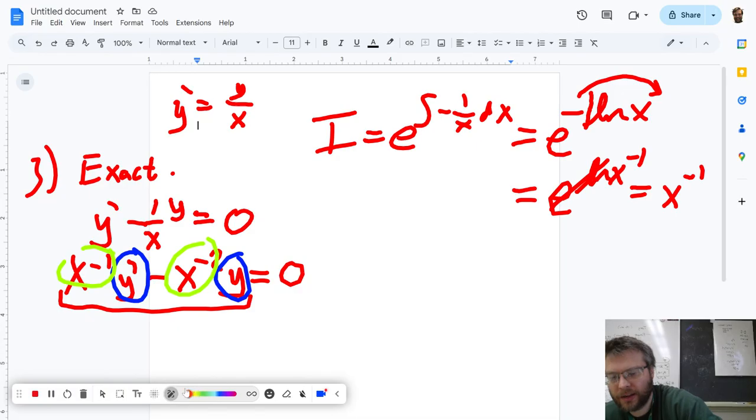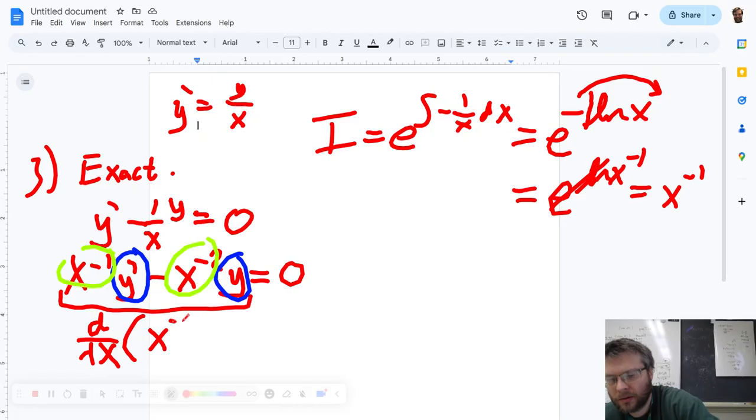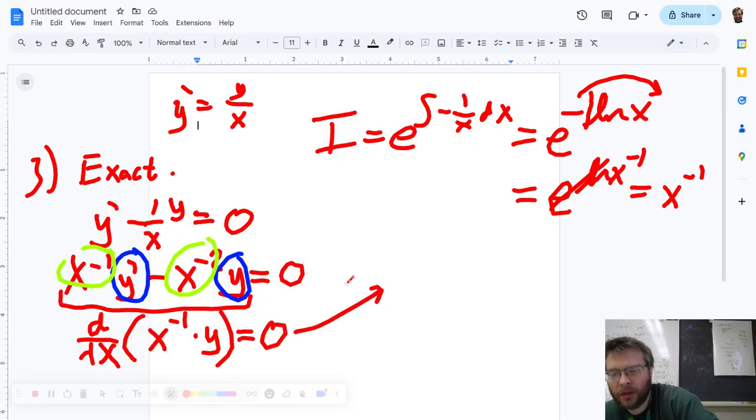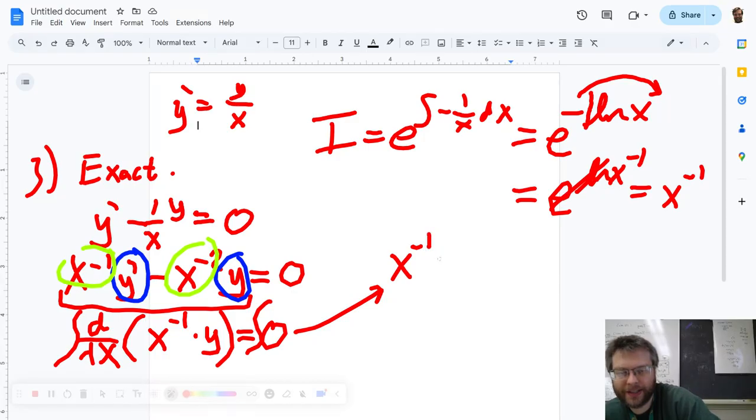So we can rewrite the left-hand side as the derivative with respect to x of f times g, and that's going to equal 0. Integrating the left side cancels the derivative. Integrating the right side gives me a constant. So I have x to the negative 1 times y is equal to a constant. Multiply both sides by x, and you get y equals c times x.